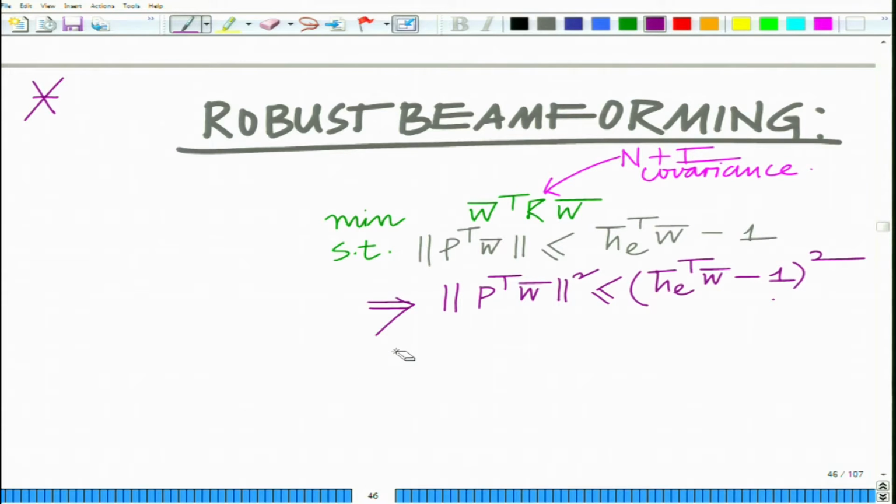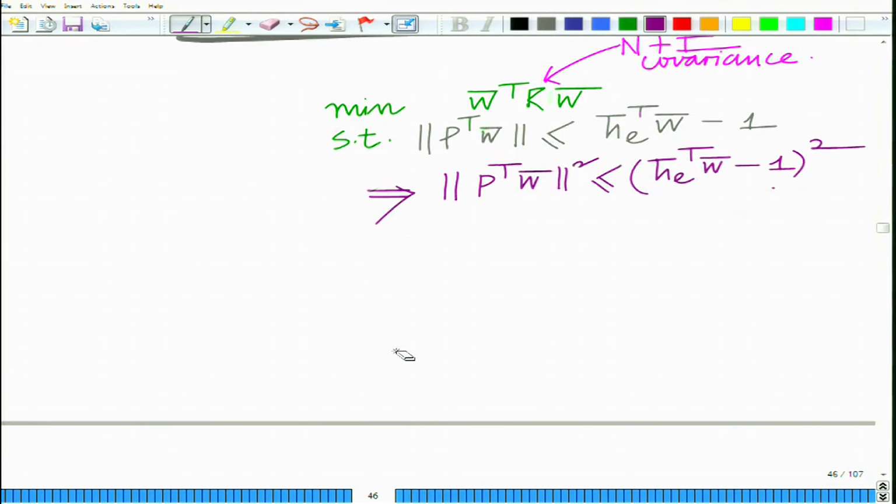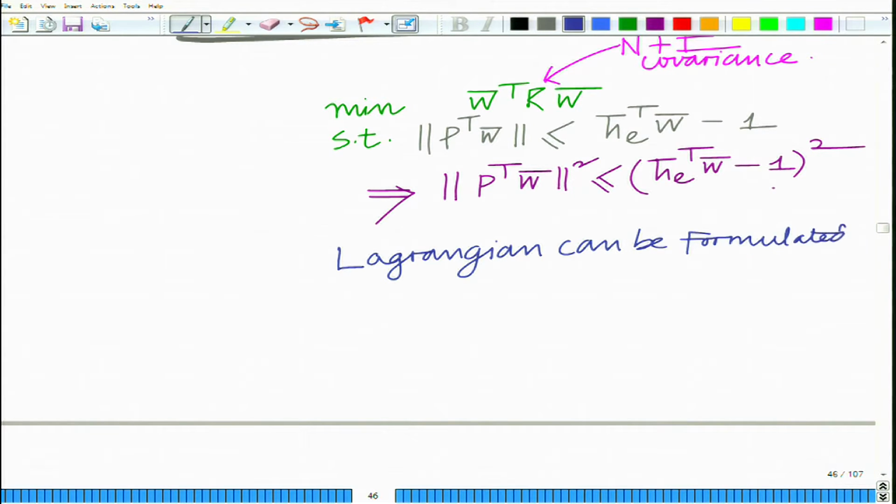Okay. So, now what we are going to do is the Lagrangian can be formulated as follows.